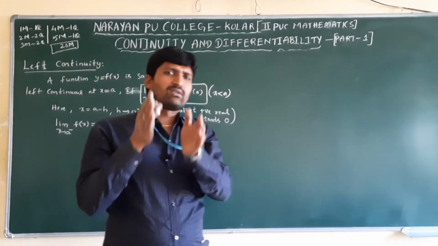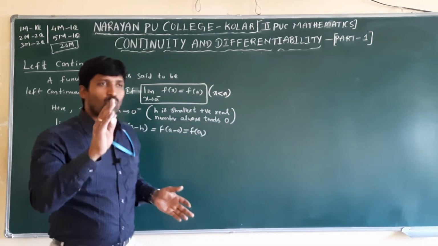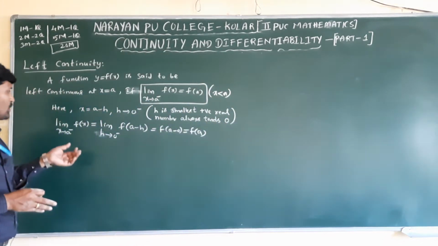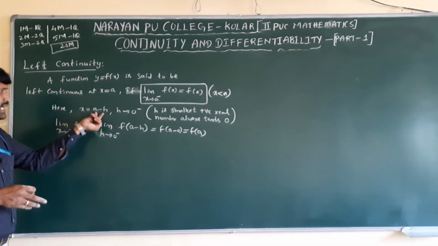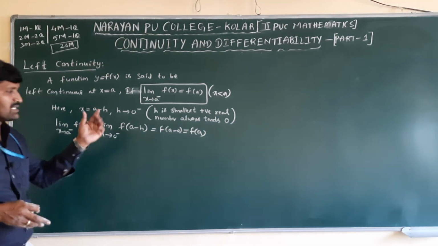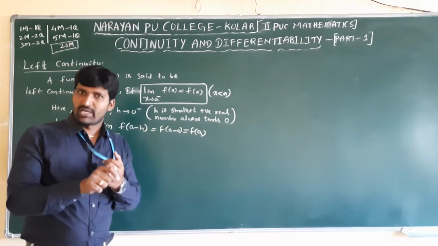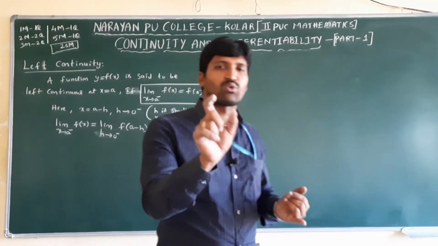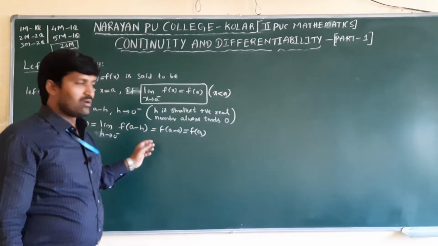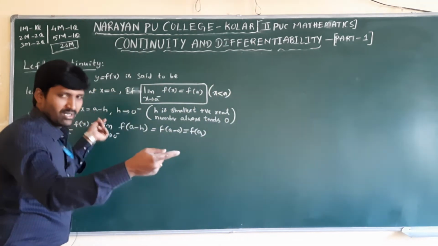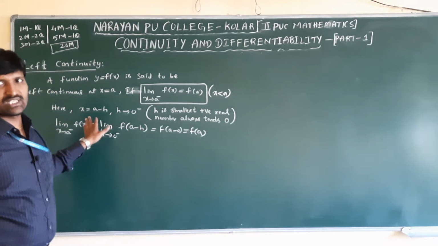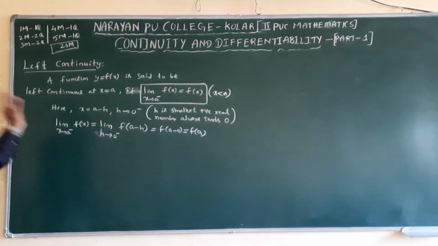Only in a few problems do we need to use it. For left hand limit it is a minus h, for right hand limit it is a plus h. The reason: step functions, trigonometric functions; only in a few questions are we using this concept of replacing in terms of h, but generally we are not using this.